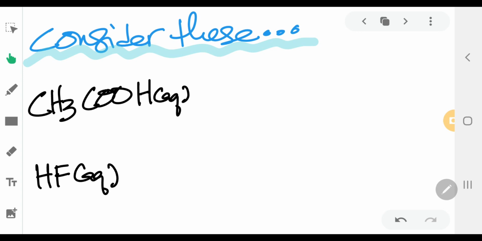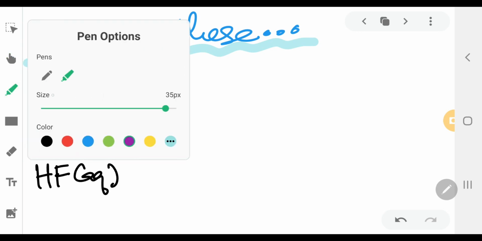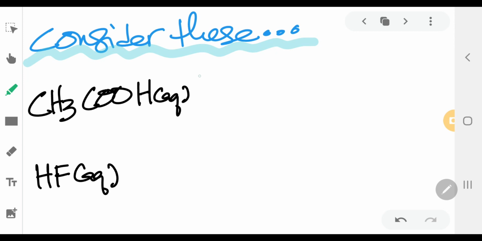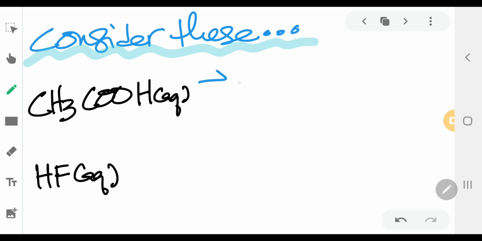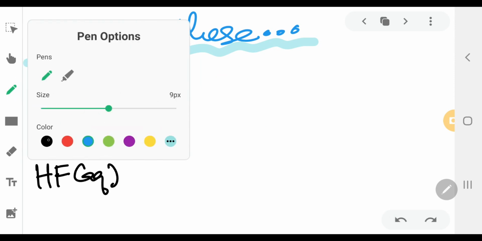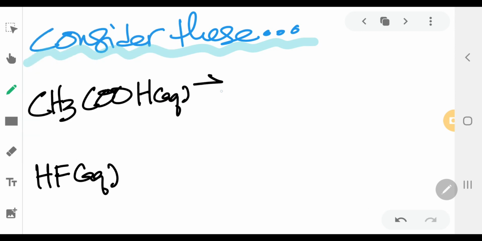When you have partial dissociation, instead of using a one-way arrow, we have to use a reversible arrow, because weak acids will achieve equilibrium. The reason is that they are partially dissociated. This is your weak acid, and we're going to use a reversible arrow.